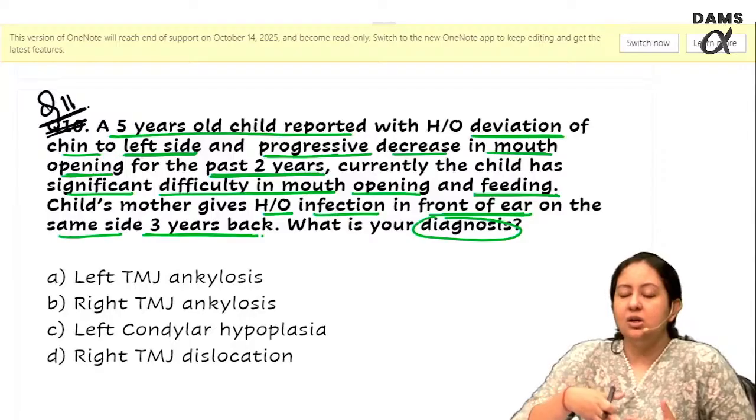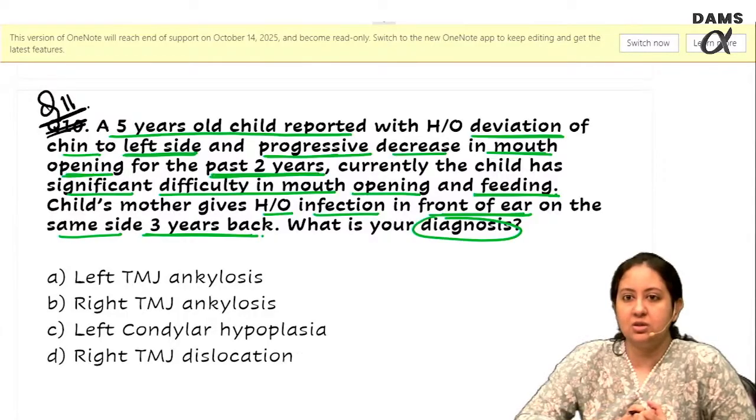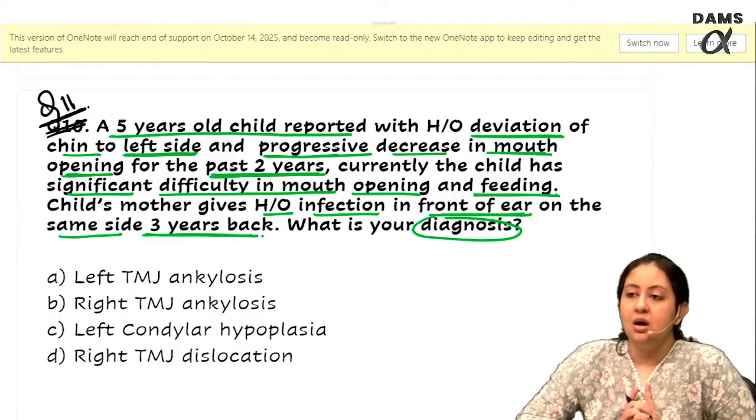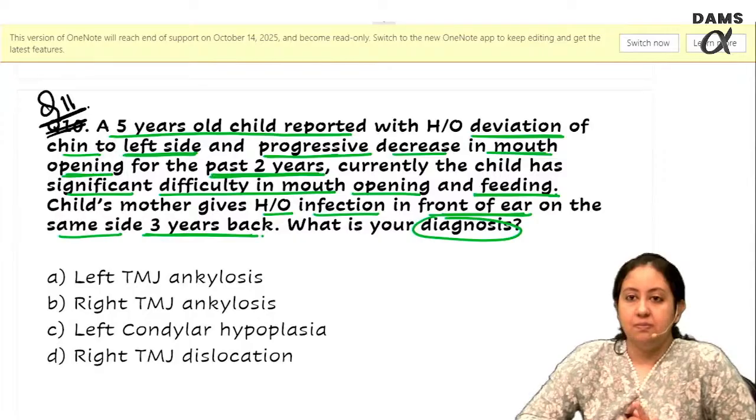So these are all clinical features of TMJ ankylosis. Along with the history, it correlates with the history of TMJ ankylosis. And there is deviation to the left side. That means this is a unilateral TMJ ankylosis, because in bilateral ankylosis there is no asymmetry that is seen.